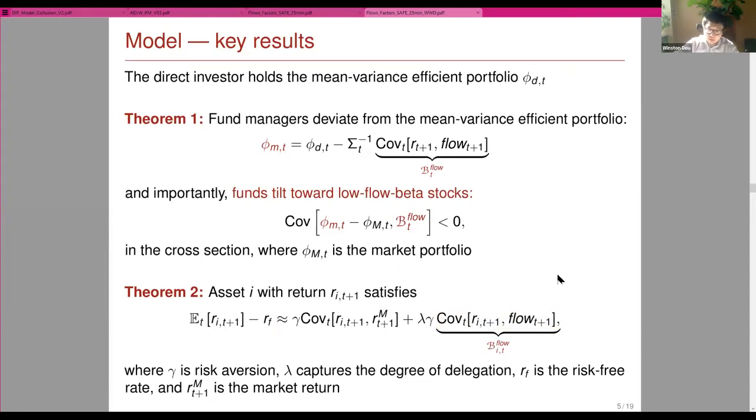So in our model, a conditional two-factor model emerges. Because aggregate fund flows are endogenously driven by aggregate shocks, such as uncertainty shocks, if you plug in, you have an asset pricing relation just like the ICAPM developed by Bob Merton. So those are the main results. For the rest of the paper, we'll just test those implications.